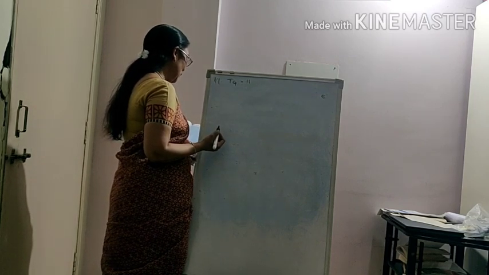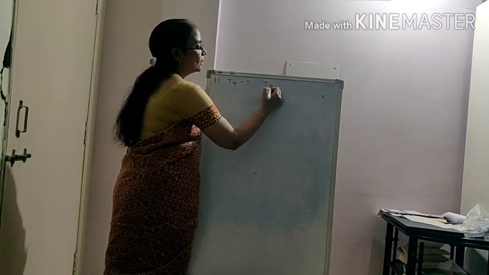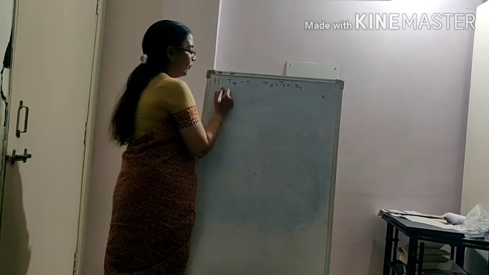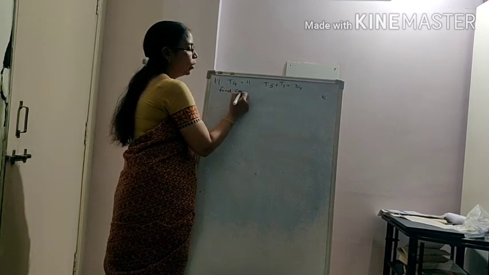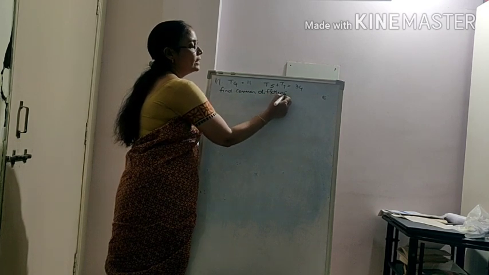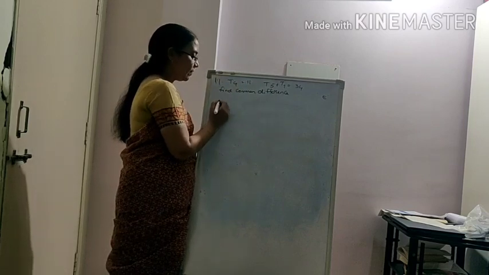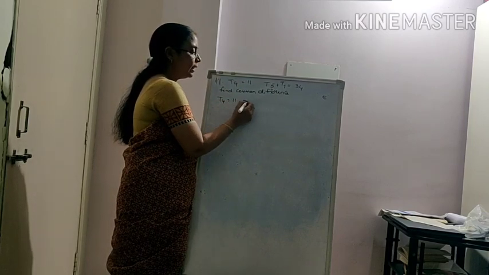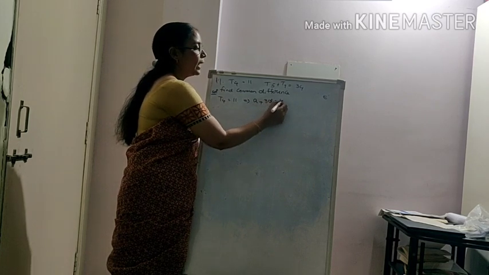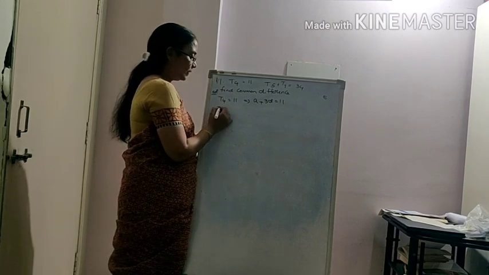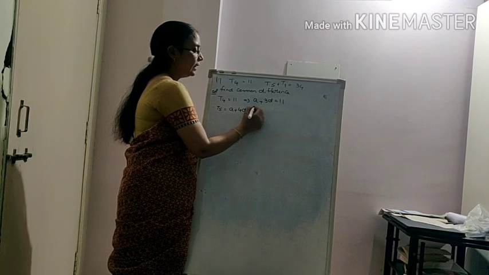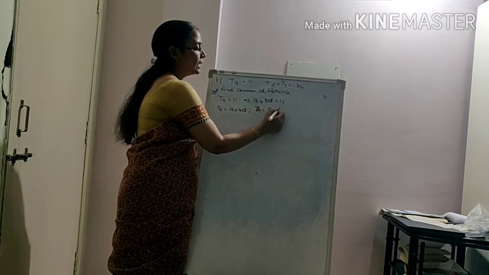The sum of the fifth and the seventh term of the AP is 34. Find the common difference. This is the question. Now T4 is 11 means A plus 3D is 11. T5 is A plus 4D and T7 is A plus 6D.